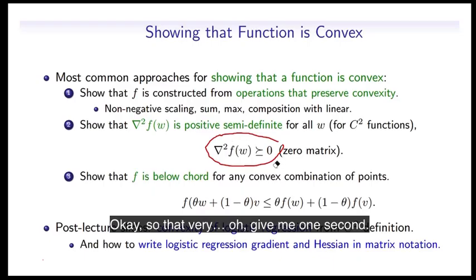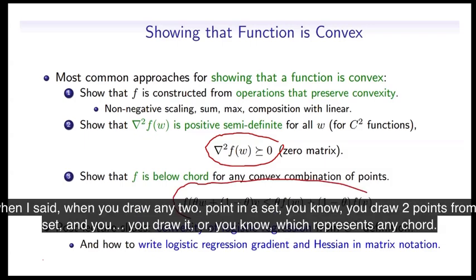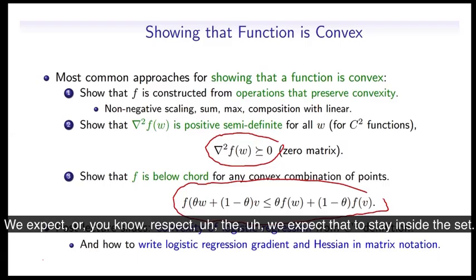So that very equation is what you're actually seeing now. Take a look at this one. When you draw any two points from a set, and you draw a chord, we expect that to stay inside the set.